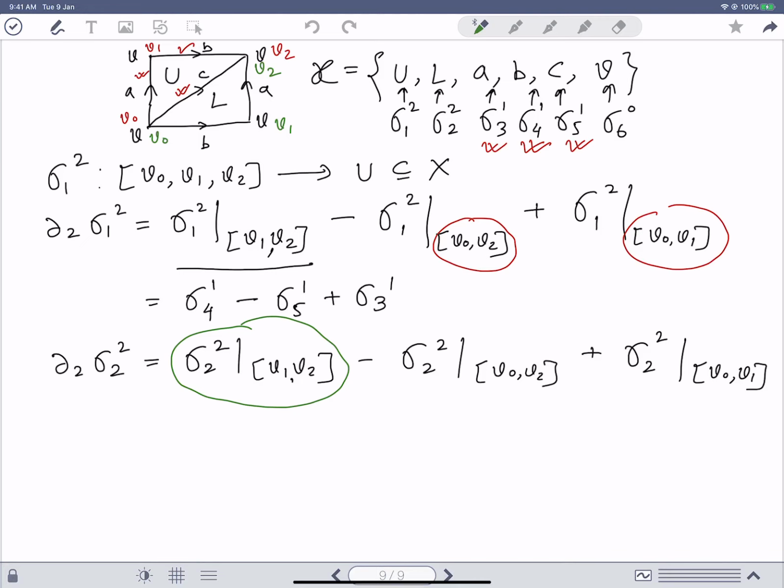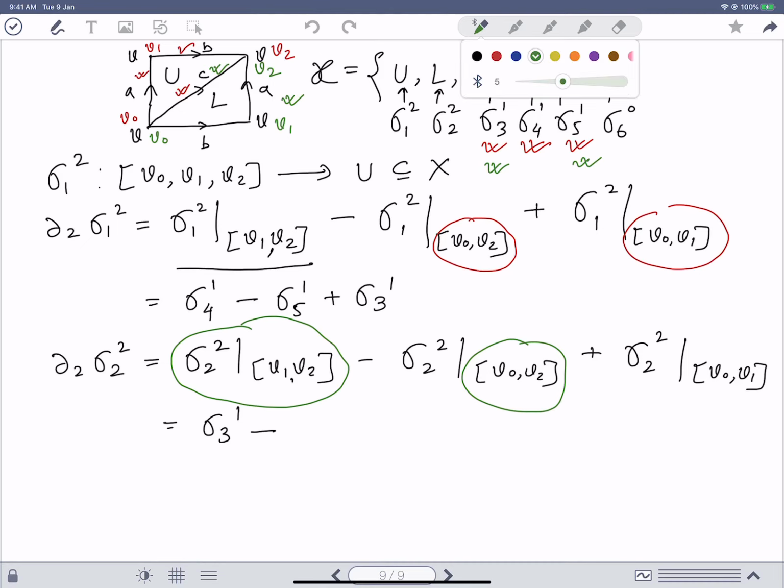So v1 v2 will be this one, A, right? That means again we have sigma 3 1. So we have sigma 3 minus, then we have v0 v2, right? So v0 v2 will be again C. So C means sigma 5.